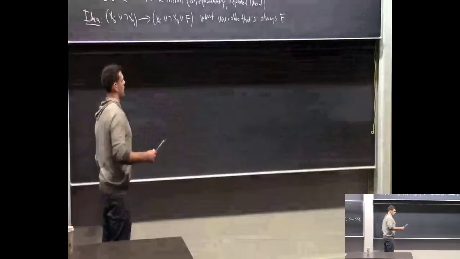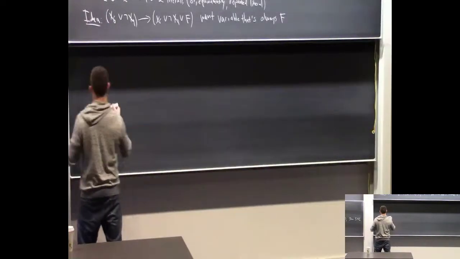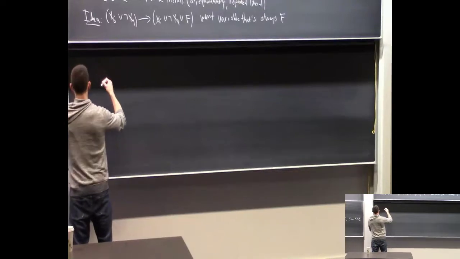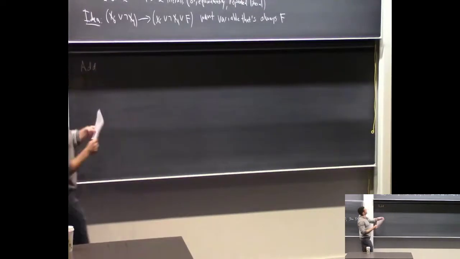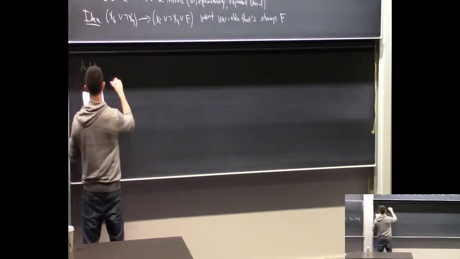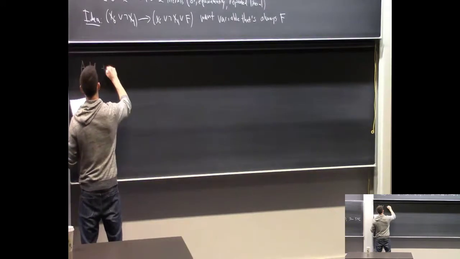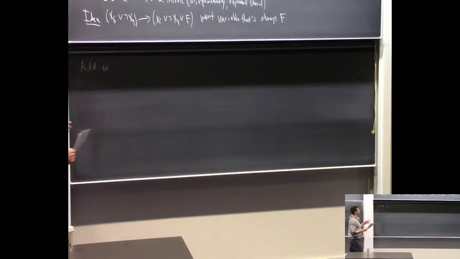So now we'll get into the actual details of this. We're going to get this phi prime, we're going to add to phi some stuff. Or rather, maybe it's clearer to think of this as constructing phi prime from scratch.